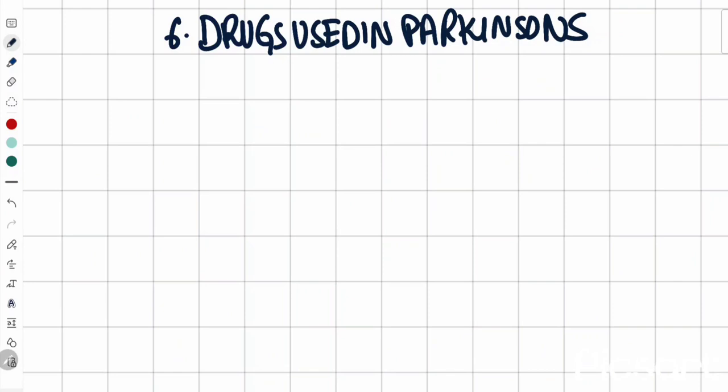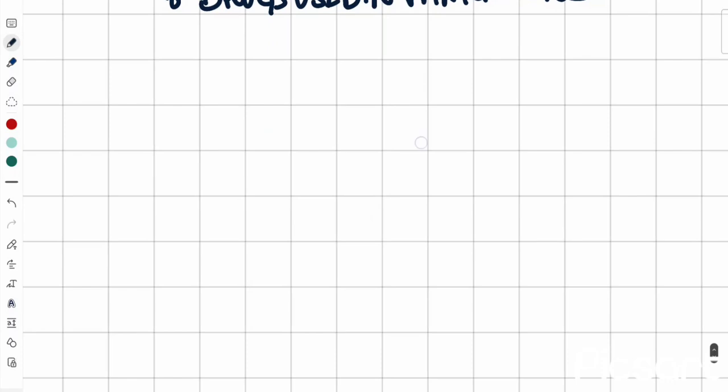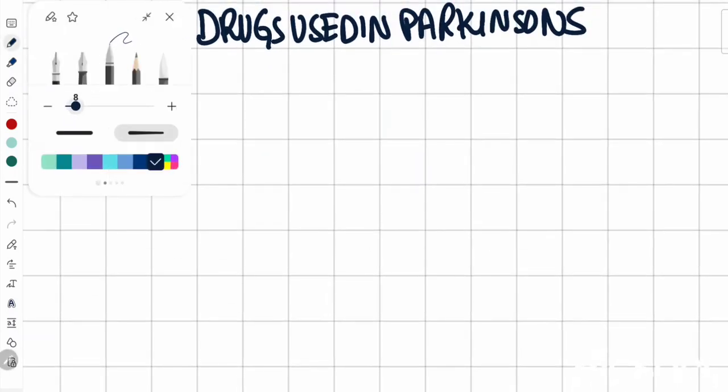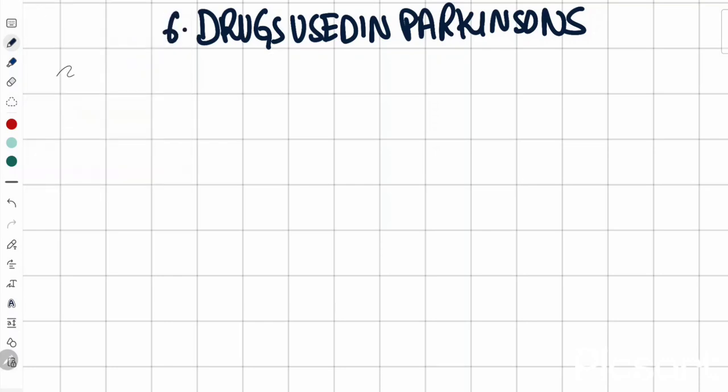Now we will do the drugs used in Parkinson's. It's very easy. First, we need to know what Parkinson's is. Parkinson's is a disease of the nigrostriatal pathway, which is a dopaminergic pathway, and here we have decreased dopamine.